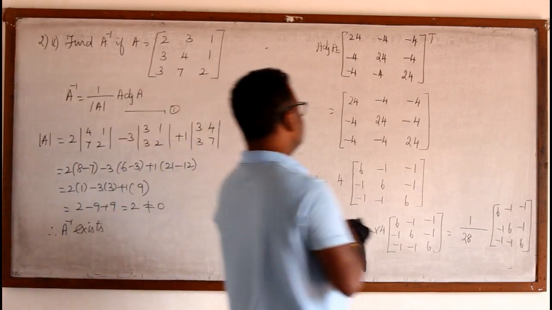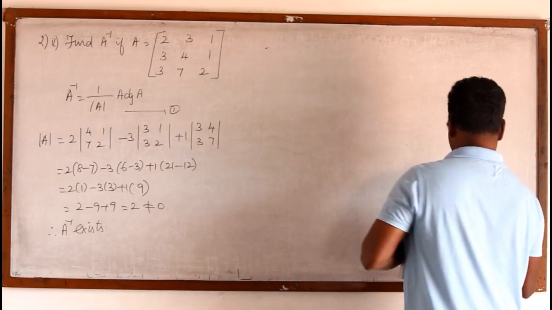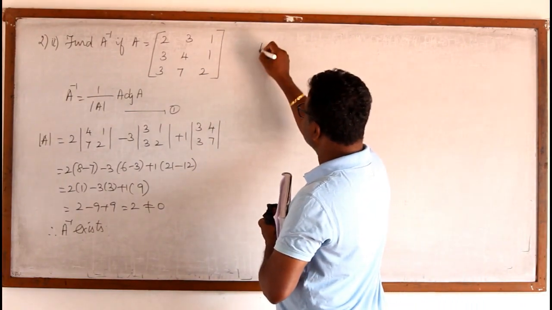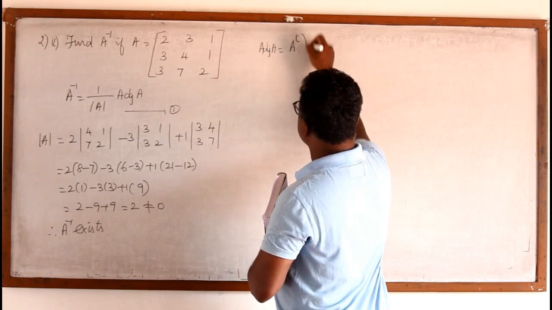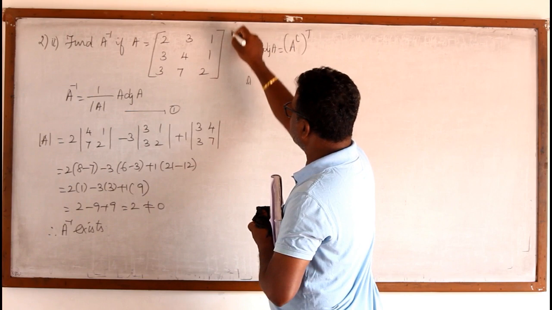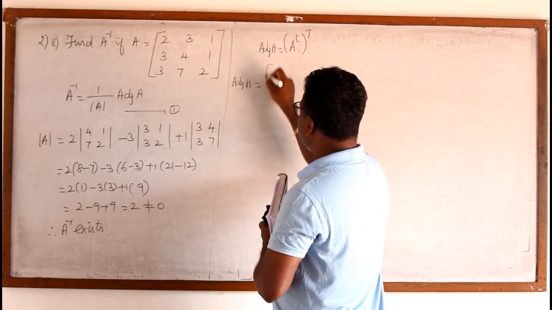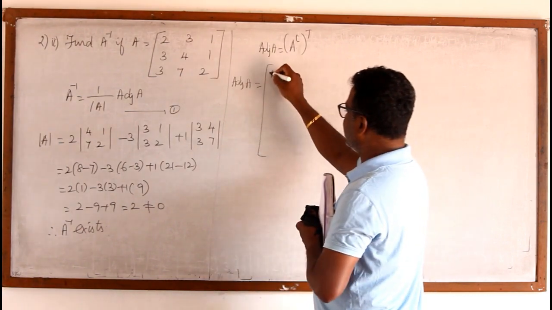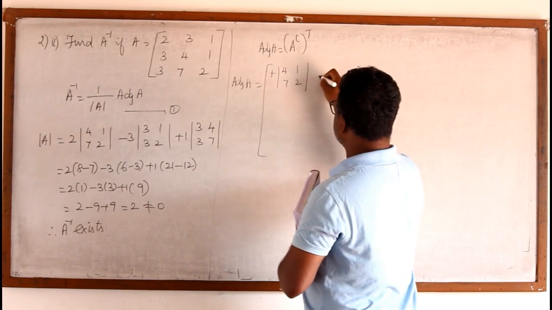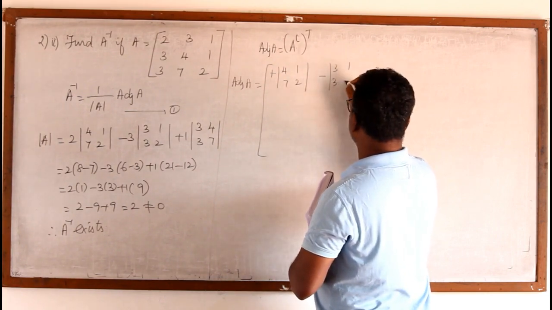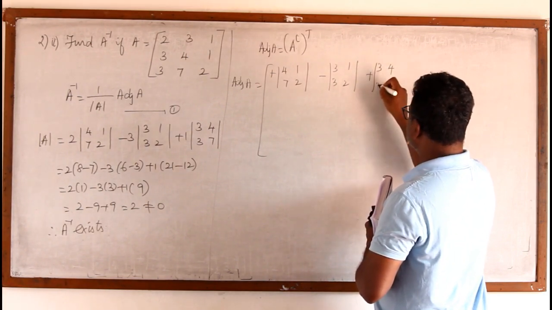Now we shall go for adjoint of A. If I go by the chart method, it will be still easiest. That is, adjoint of A is given by the formula: the cofactor matrix transpose. Therefore, adjoint of A equal to, find the cofactor matrix. It is plus, this one first, 4 1 7 2, minus 3 1 3 2, plus 3 4 3 7.